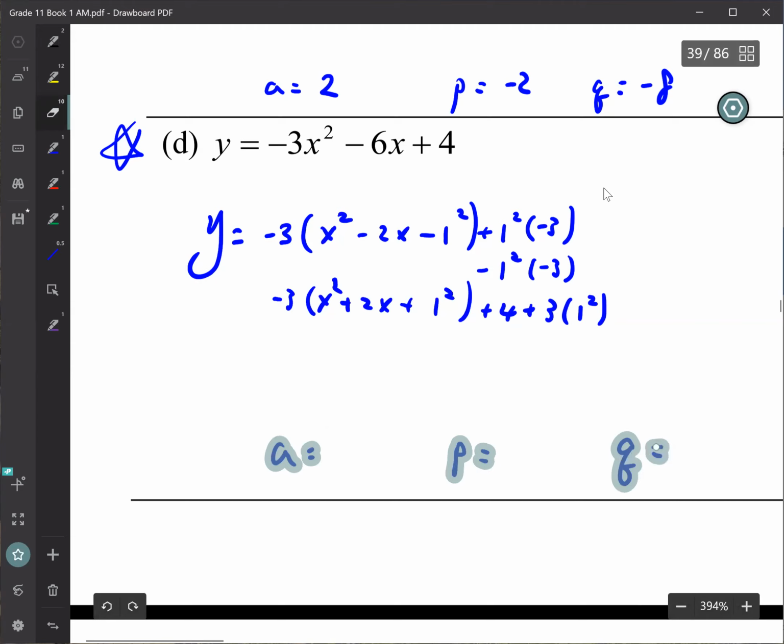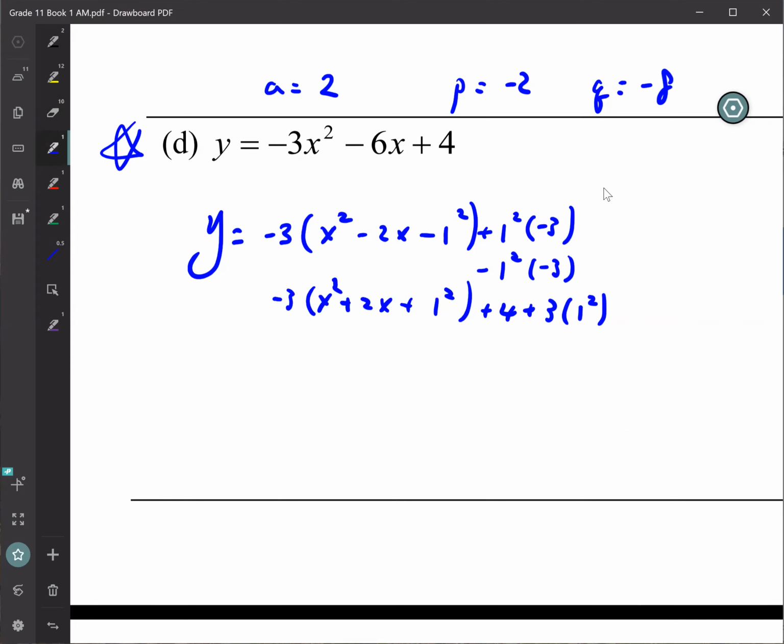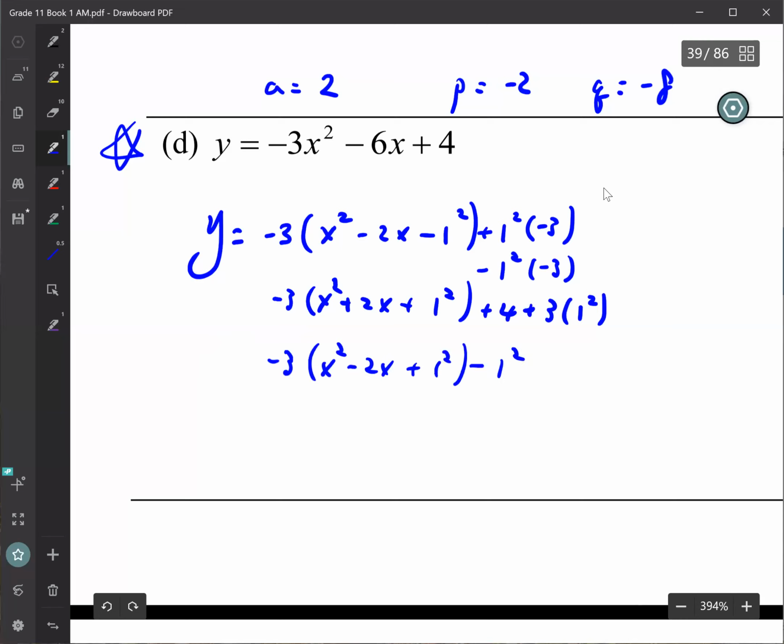Okay, getting more different. Any other different answers? I got y equals to -3 bracket x squared, take away 2x plus 1 squared, take away 1 squared, brackets -3 plus 4. Okay. Anyone else?